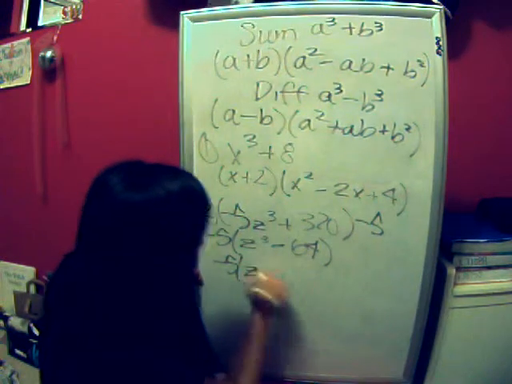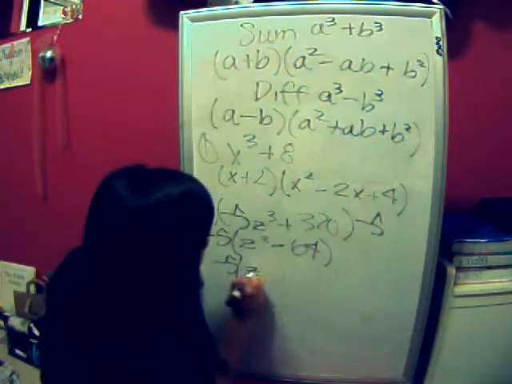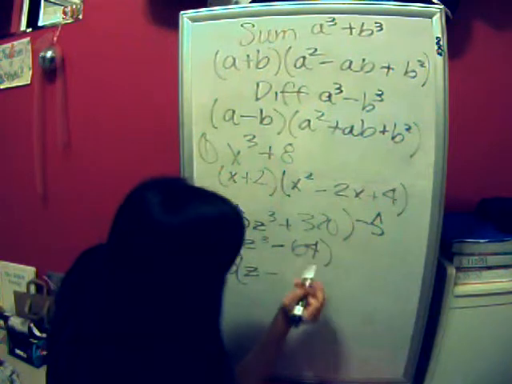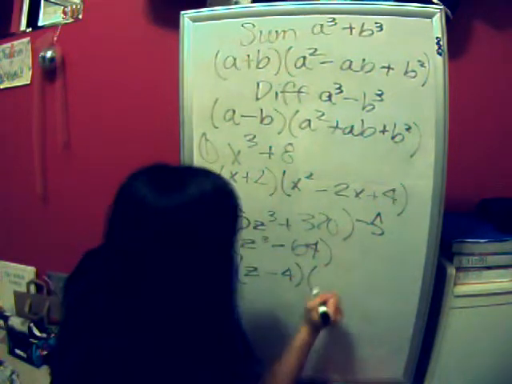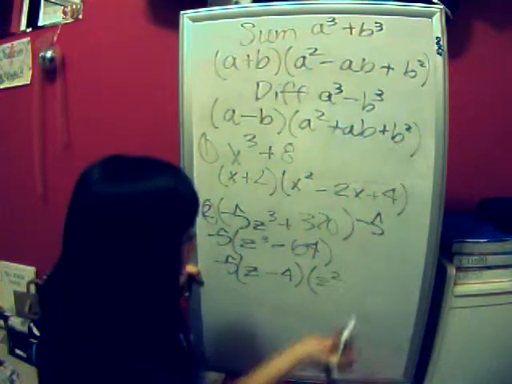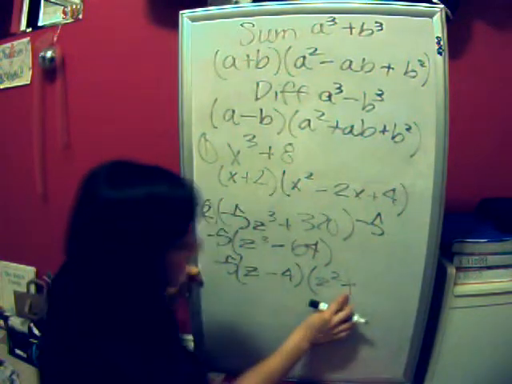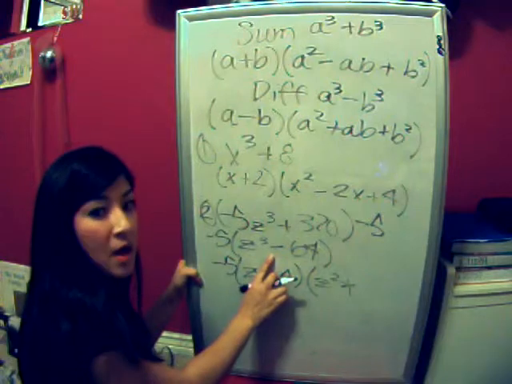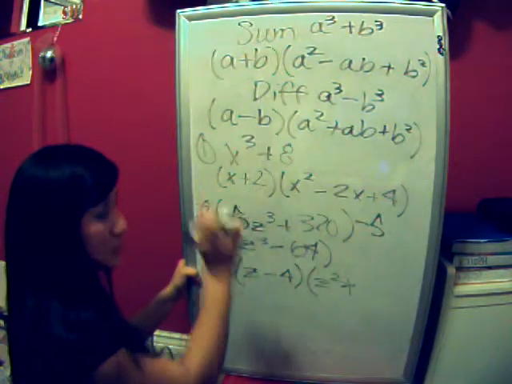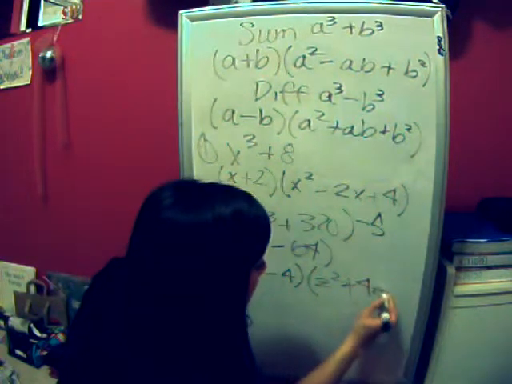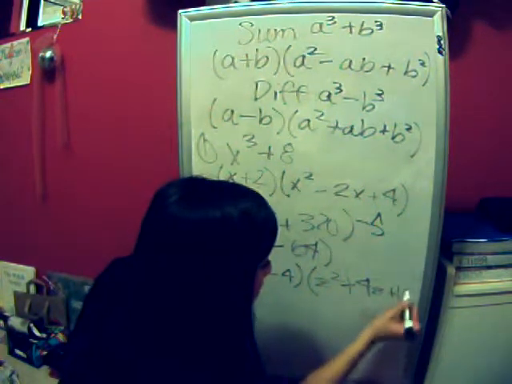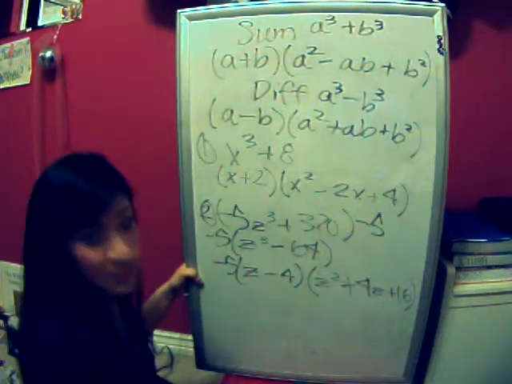So when you cube root it, it's going to be z minus 4, z squared, and it has to be a plus since it was now changed to a difference of cubes, plus 4z plus b squared, which is 16.